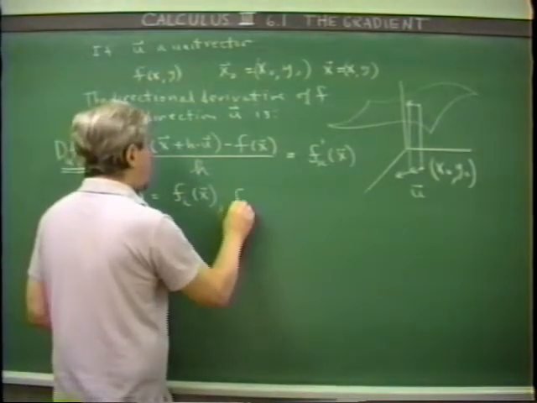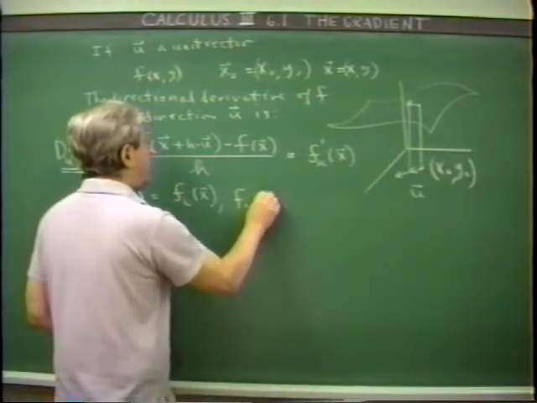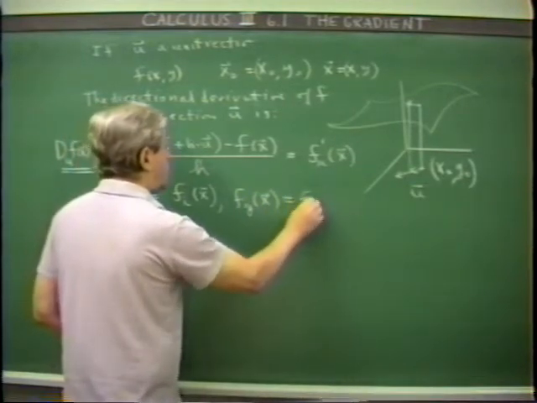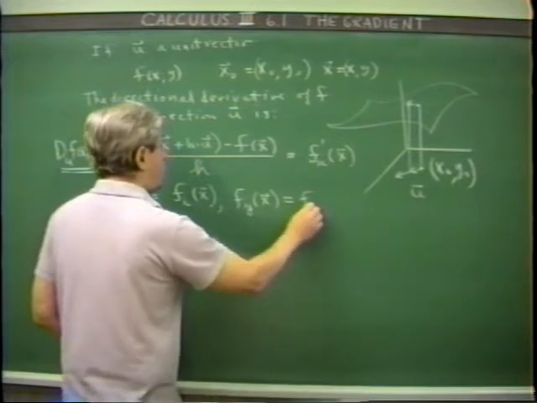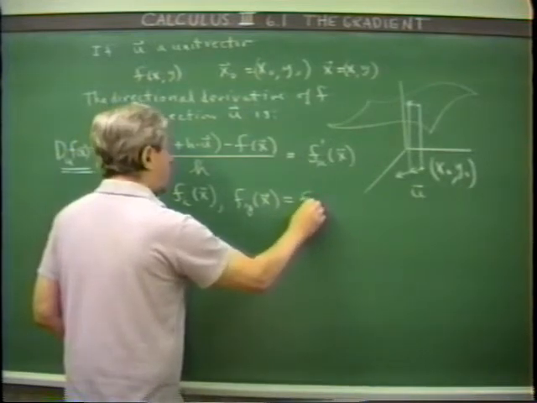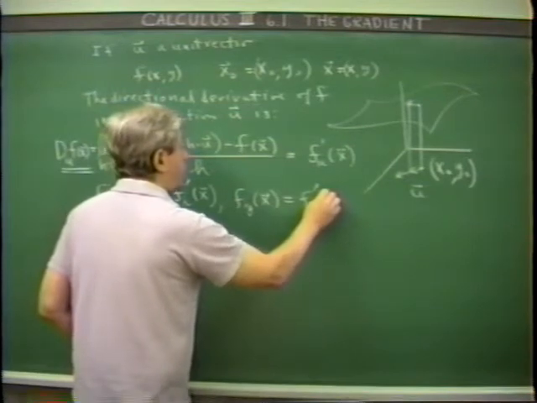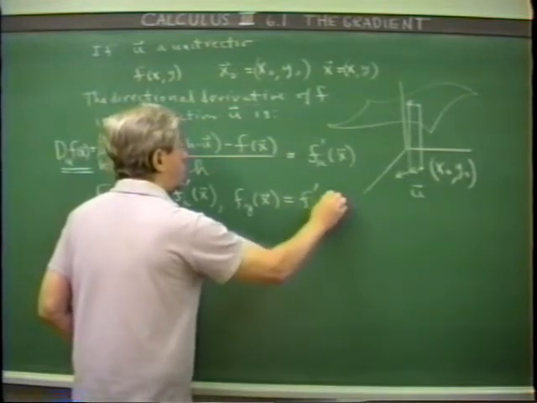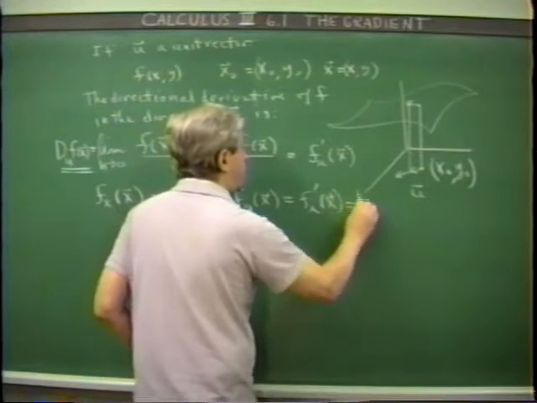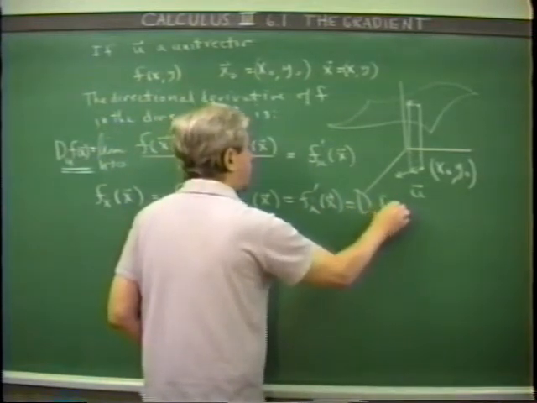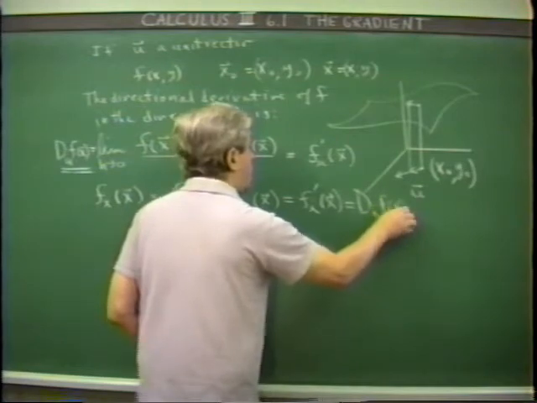If u is equal to j, then the directional derivative is the partial with respect to y. Or if you want, using the other notation, the derivative in the i direction of f at x.